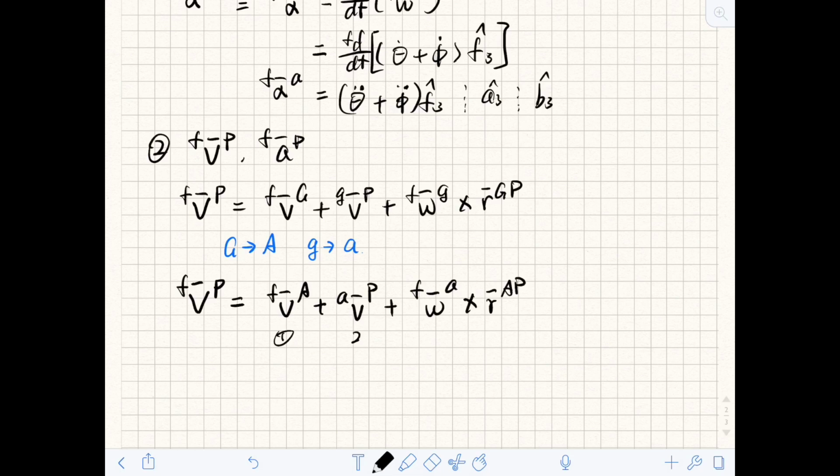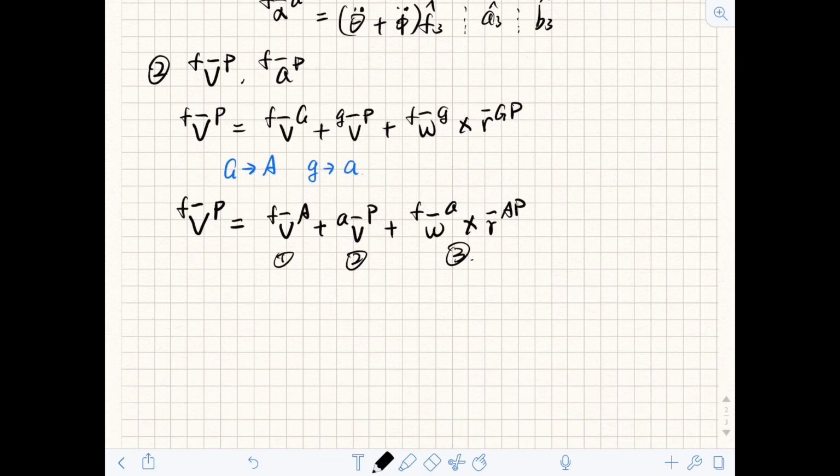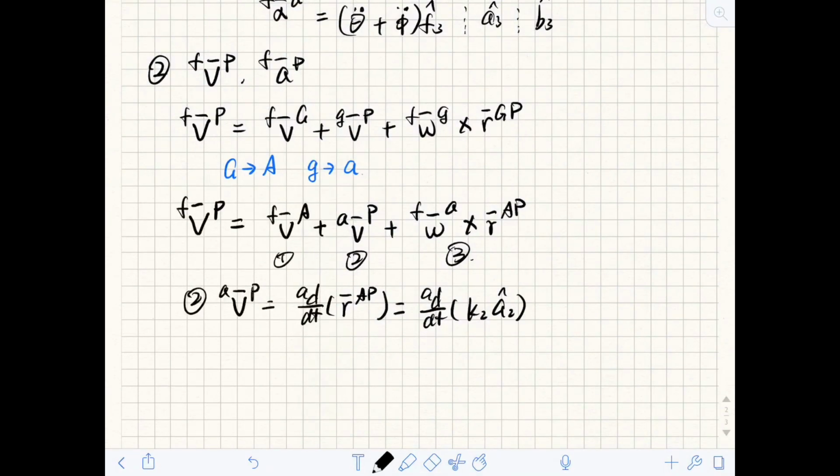Then let's work out this term by term, and we'll start with the second term. To find the velocity of P in A, what we're doing is finding the derivative of the position vector from A to P. And we know the position vector from A to P has the expression K2 A2.